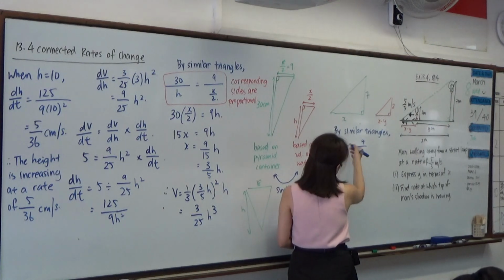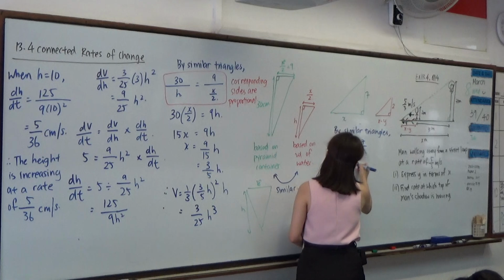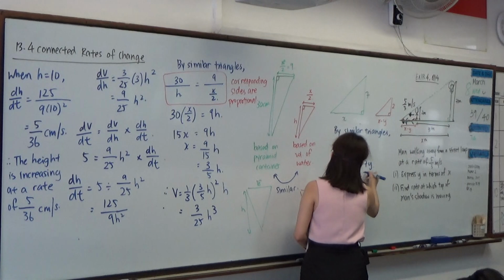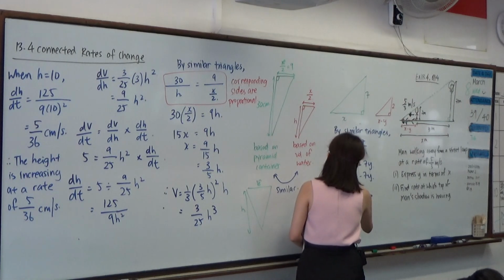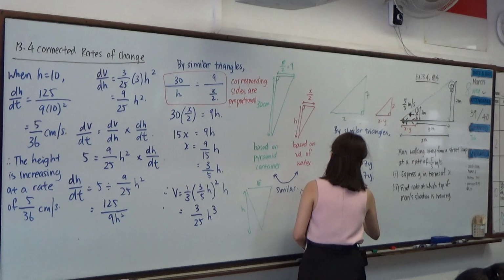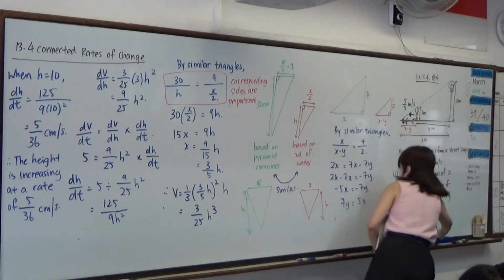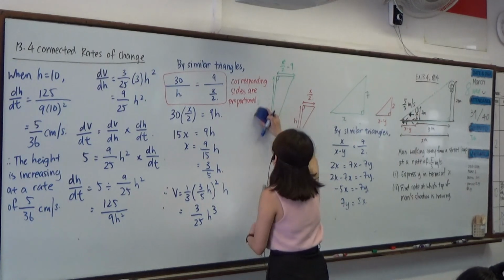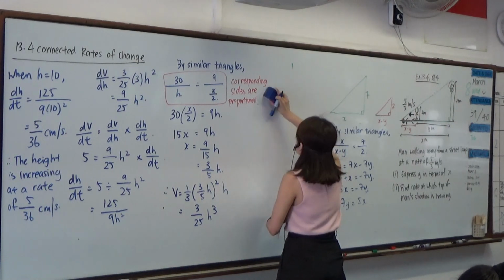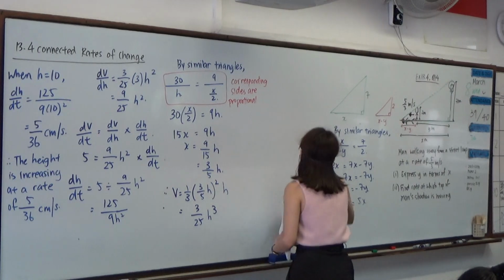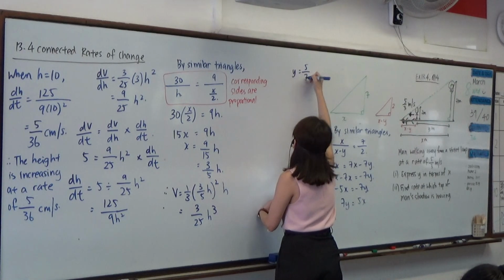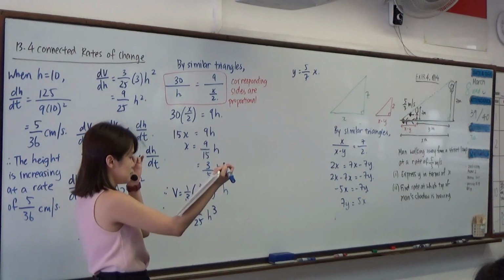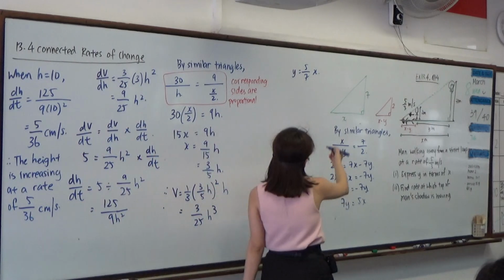I do so by cross multiplying. y equals 5/7 x. So that's our answer for part 1.